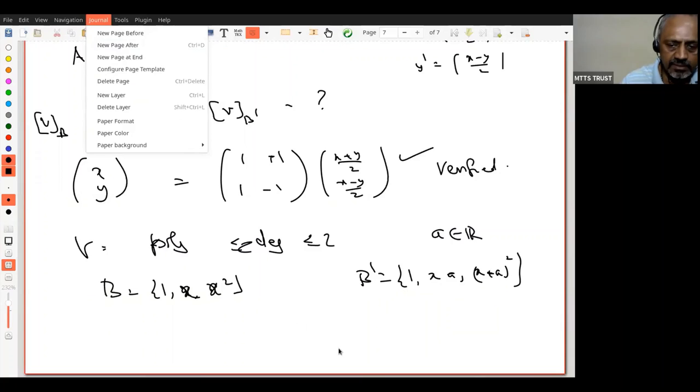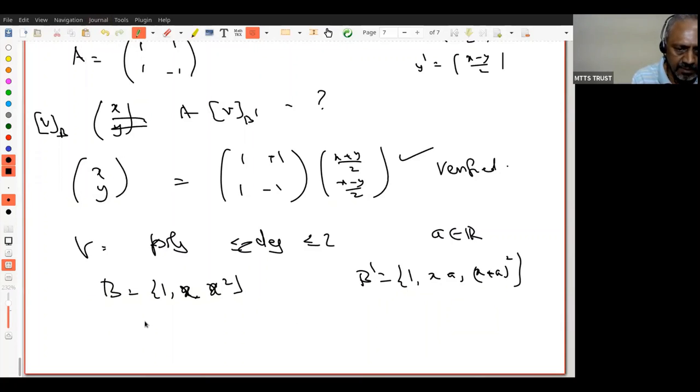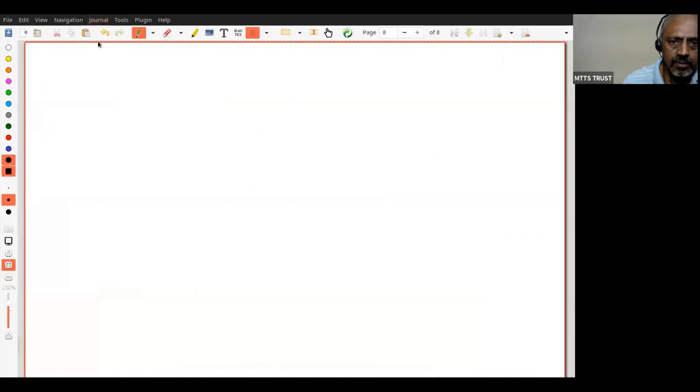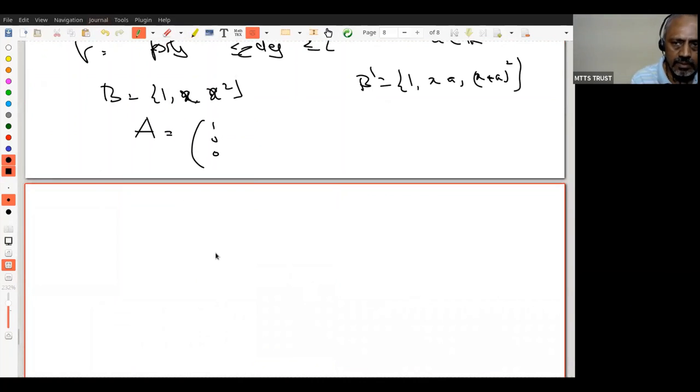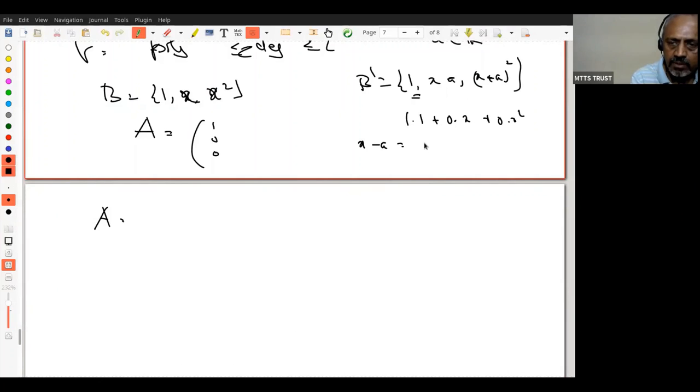Now what is the matrix A here? Matrix A is, look at the new basis, write it in terms of the old basis. So my A is going to be, take 1 and write it as 1 times 1 plus 0 times x plus 0 times x squared, and x minus a I will write it as what?